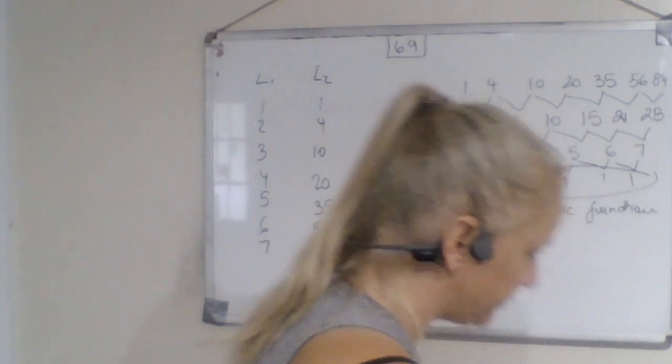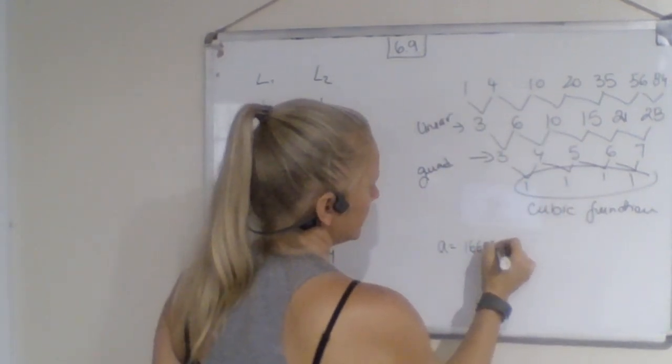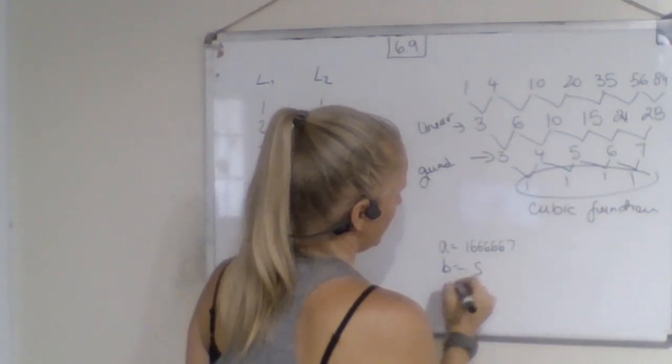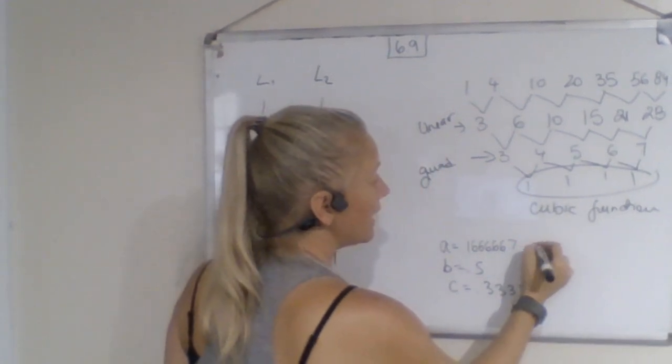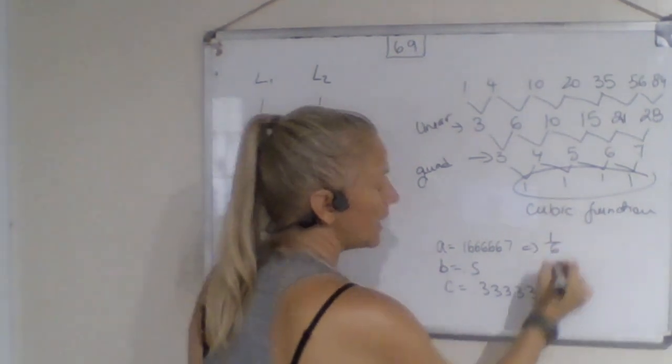And here's my A. And you're going to see how we wing this. A is 0.1666667. B is 0.5. And C is 0.33333. If I have to write this as a fraction, this becomes 1 over 6. How do I know this?